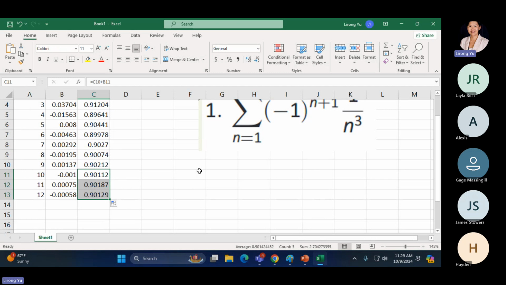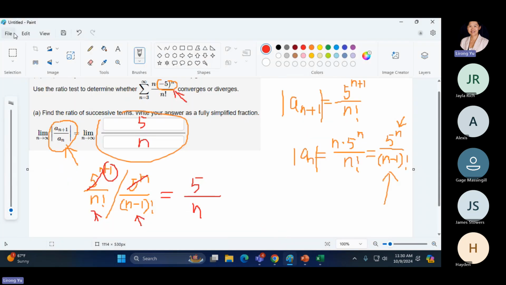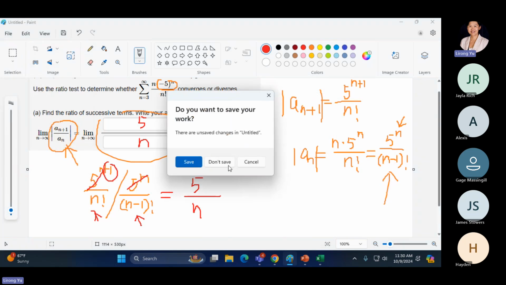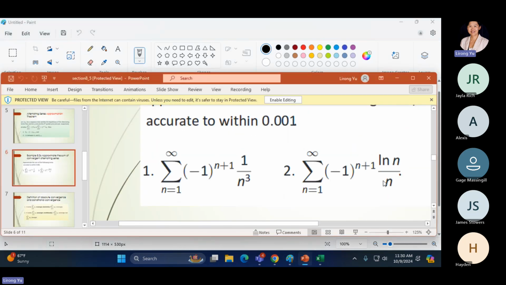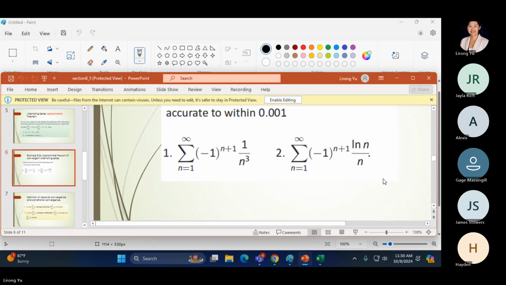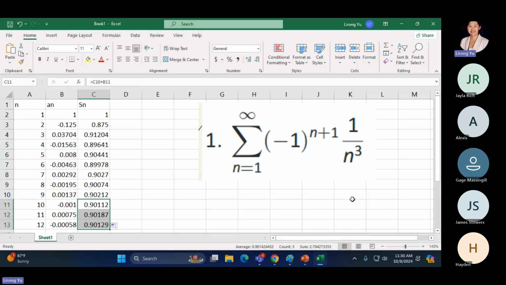All right, let's review what we were doing yesterday. I was trying to go over the message here. So let's go back to this question. We are trying to approximate the summation using the partial sum, and how many numbers are we supposed to add so the total summation is accurate to 0.01.